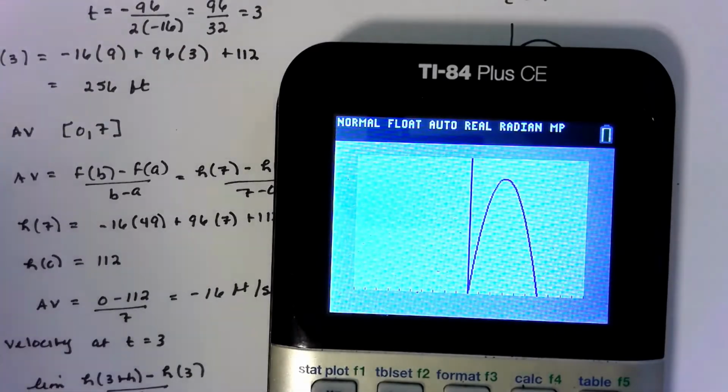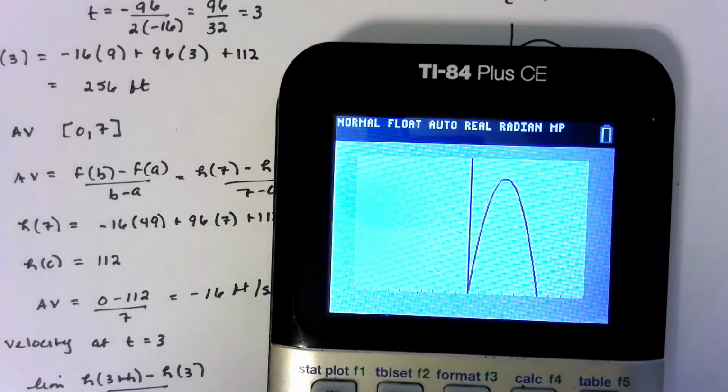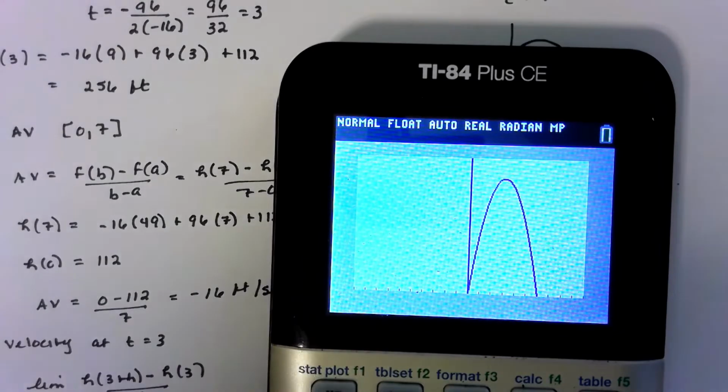Maybe not. I don't even know what my window's on. Anyway, you could do a zoom fit if you wanted to. My window was weird because I was doing something weird later last night on it, so I didn't change my window. But anyway, I can see the top of this thing, so that's all that matters. You want to see the max or the min of your parabola.